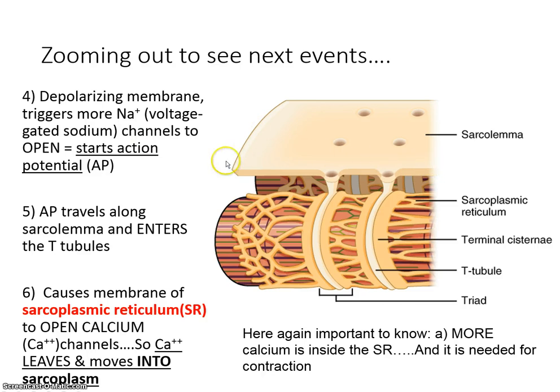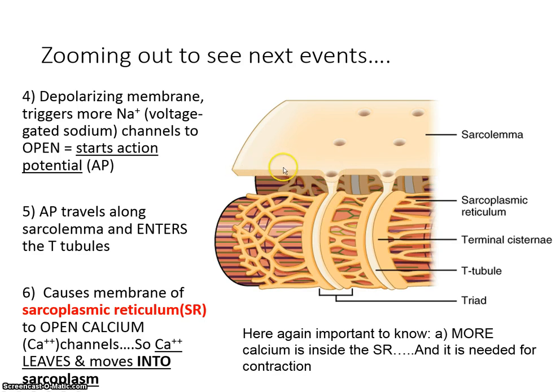You don't see this, they haven't drawn that in, but you certainly could. Eventually we get to one of these openings into the cell, the boundary between the sarcolemma and the cytoplasm, called the T-tubule or transverse tubule. So the action potential starts to move into the cell because of this.